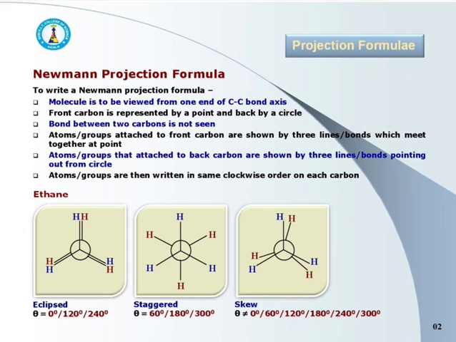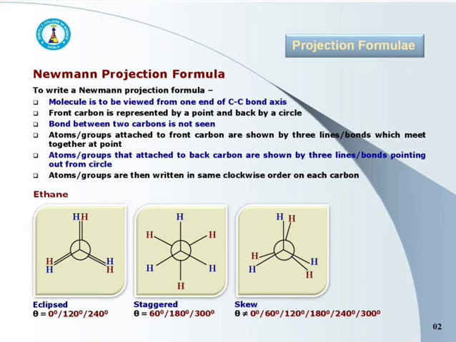Third one is the skew conformation of ethane. Any intermediate conformation seen between the eclipsed and staggered conformation is always called skew conformation. The dihedral angle theta in case of skew conformation has any value other than 0 degree, 60 degree, 120 degree, 180 degree, 240 degree or 300 degree.